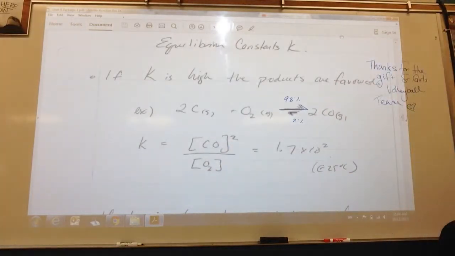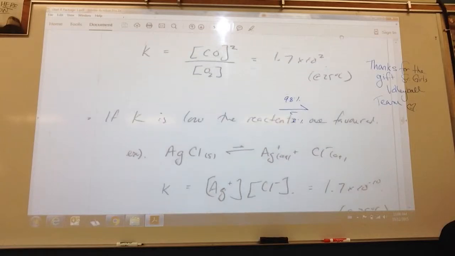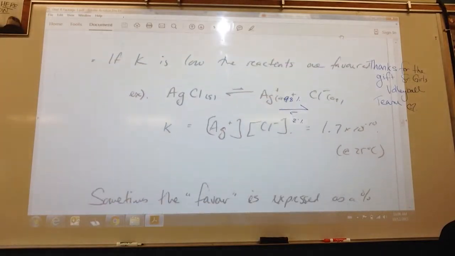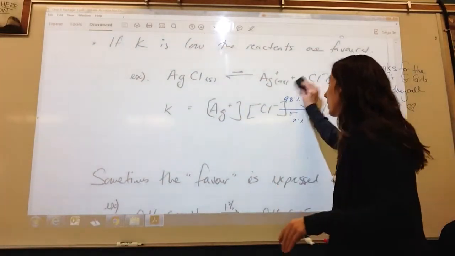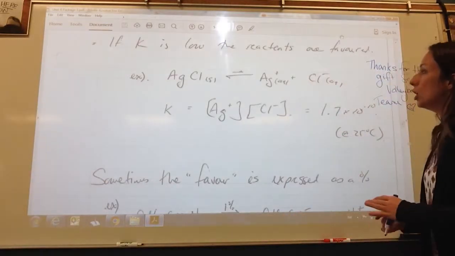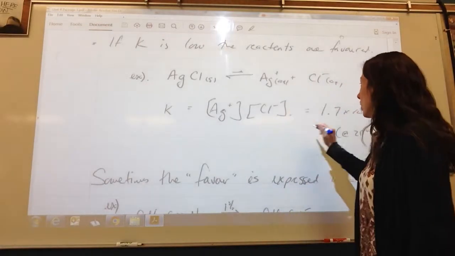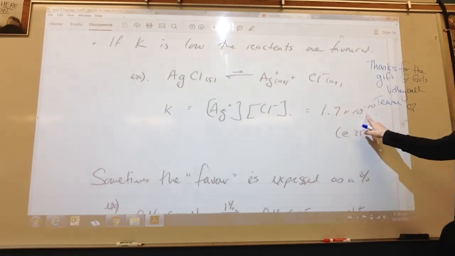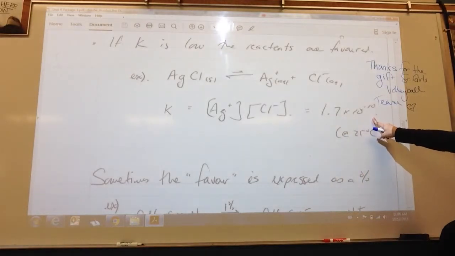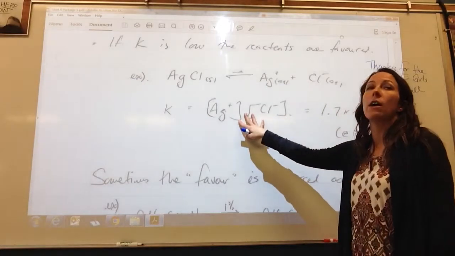Okay. So, and likewise, if it's low, then the reactants must be favored. So here is a solubility issue. If I have a low K value, like 1.7 times 10 to the power of negative 7, or negative 10, I mean, is very, very low, very small. It means that these concentrations are very small.